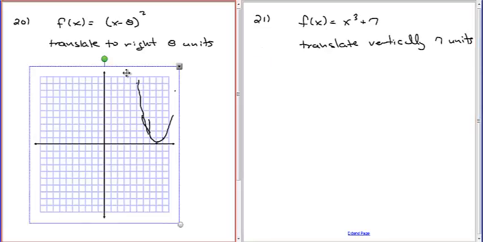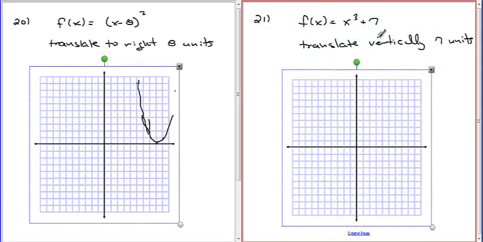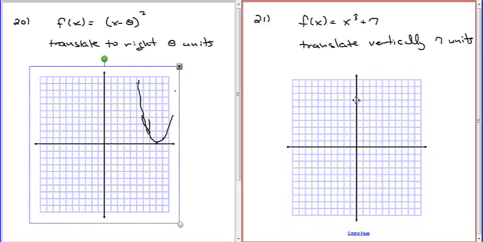So let's copy that graph over here, graph paper. It's going to be centered around x equals 0, but we're going to move up 7 units. So 1, 2, 3, 4, 5, 6, 7. So that's where it crosses the y-axis.